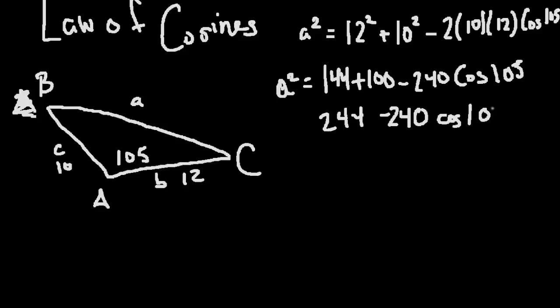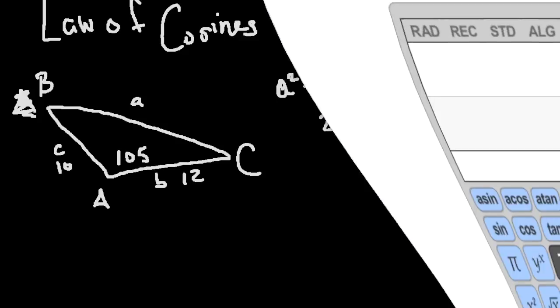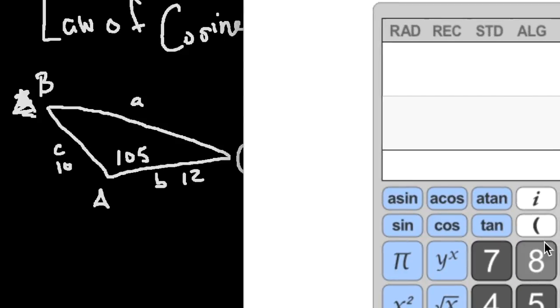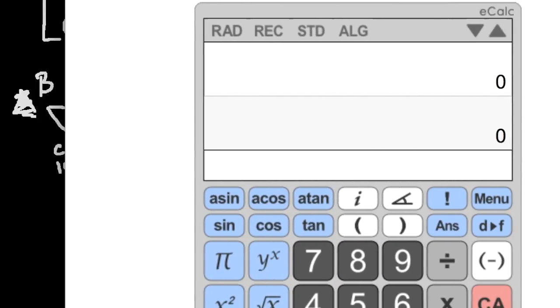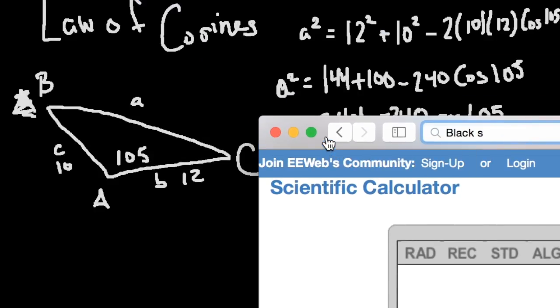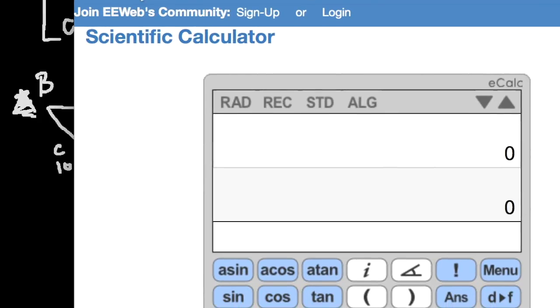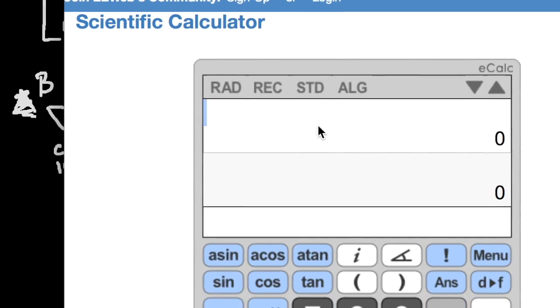Now I'm going to pull up a calculator for you to look at on the screen. This is the calculator we'll be using, a standard scientific calculator.